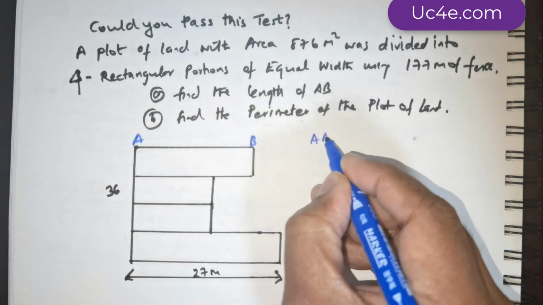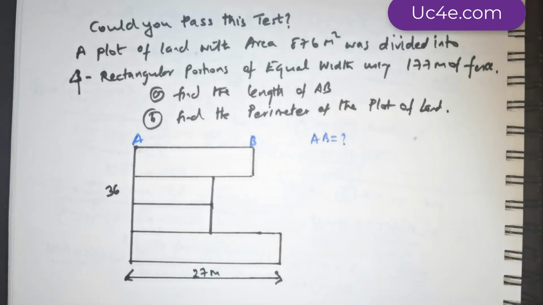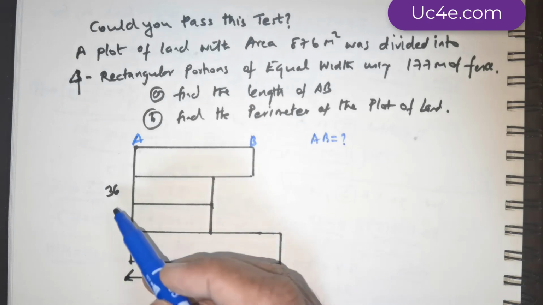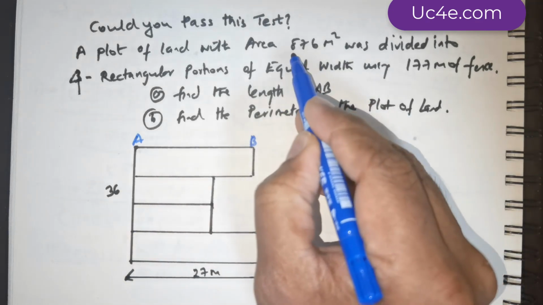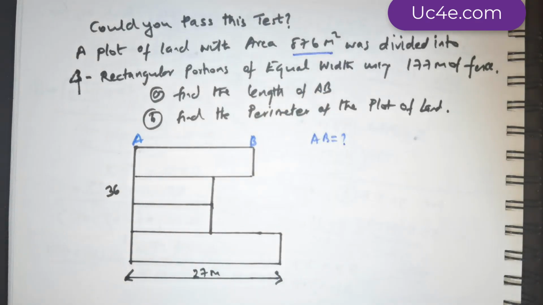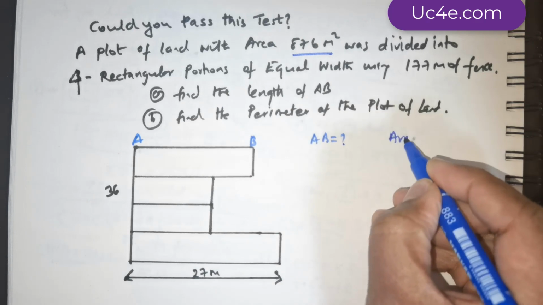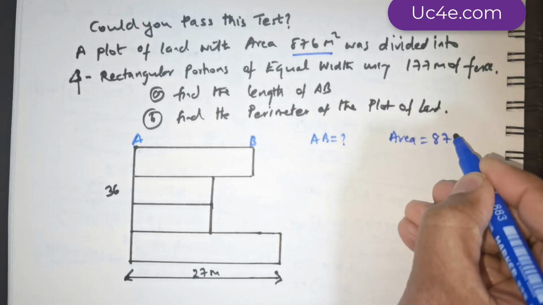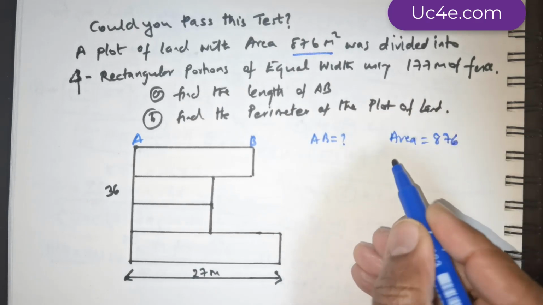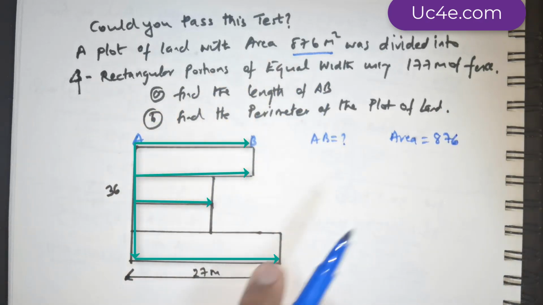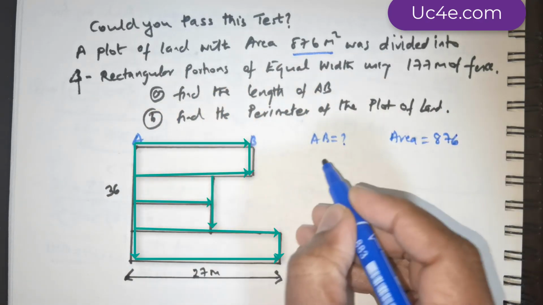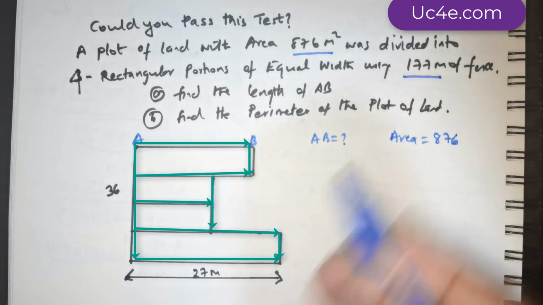This is required, and apart from that we have not been given anything else. All that we have is this information that the area is given to be 876, and the total fencing that had taken place is 177 meters.